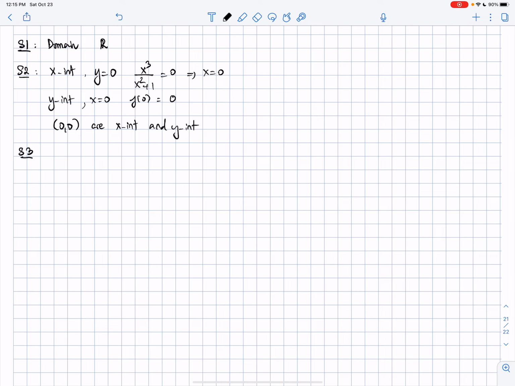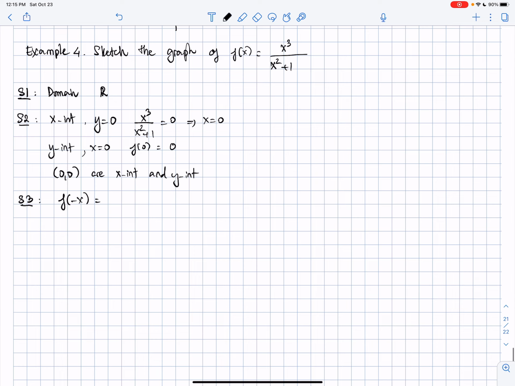Step number 3, we will check for the symmetry. We replace x by negative x. Then we get negative x cubed, and then negative x squared in the bottom plus 1. So we get x squared plus 1 in the bottom.